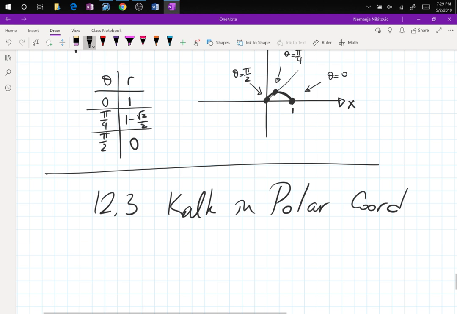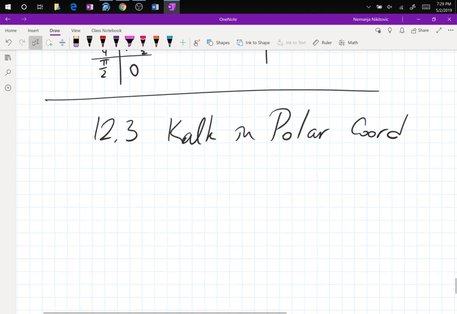I don't have time to derive this formula, so I'm just going to write the dy dx for tangent lines represented through polar coordinates, which is f of theta for r and then just theta.